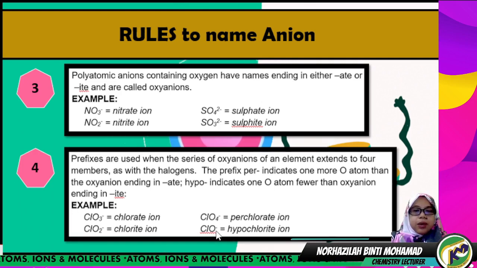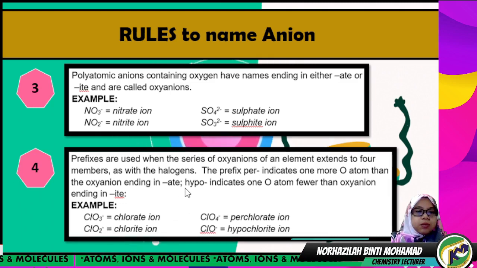Okay, how about this one? ClO minus. When we compare it with chlorite ion, it has fewer oxygen, right? Chlorite has 2 oxygen, but this one has 1 oxygen, so it has lost 1 oxygen.